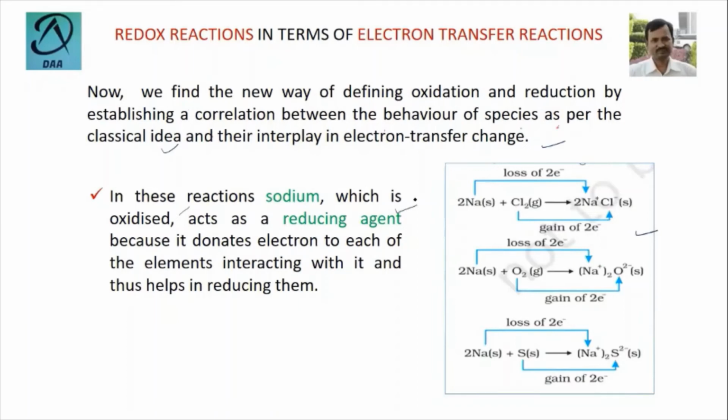That means it will help the other elements, here the chlorine, oxygen and sulfur, to reduce. So that's why the sodium is oxidized, and so it helps the others for the reduction. It acts as a reducing agent because it donates the electron to each of the elements, that means chlorine, oxygen and sulfur, interacting with it, and thus helps in reducing them.